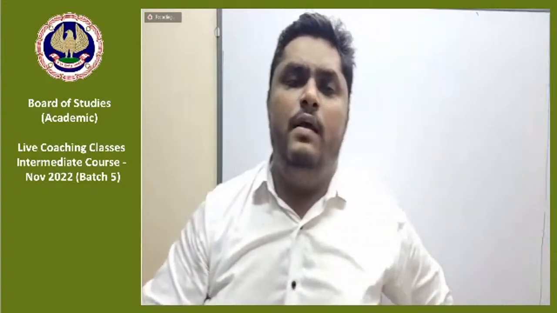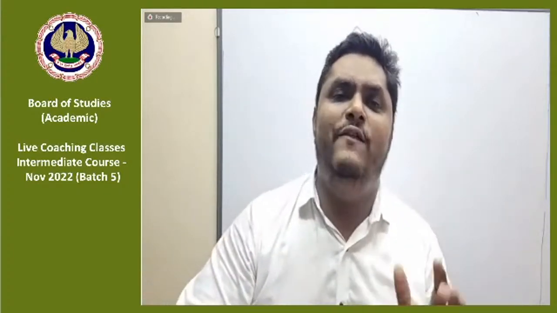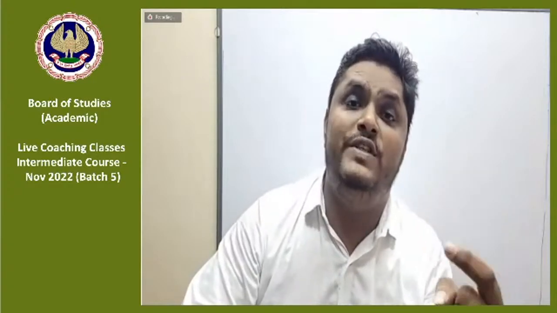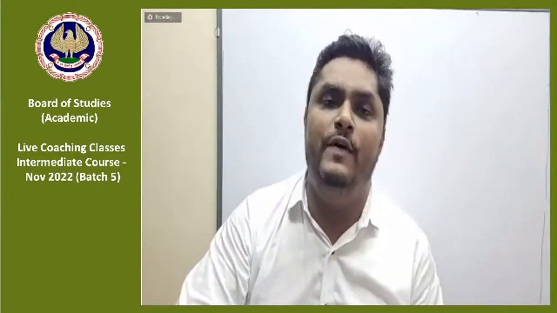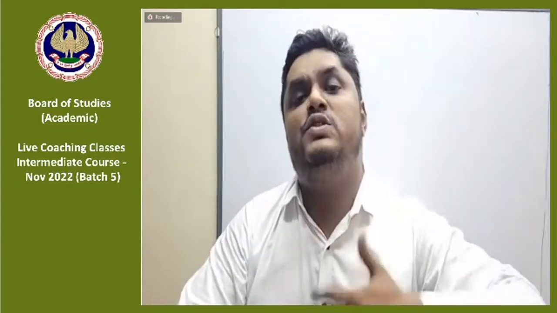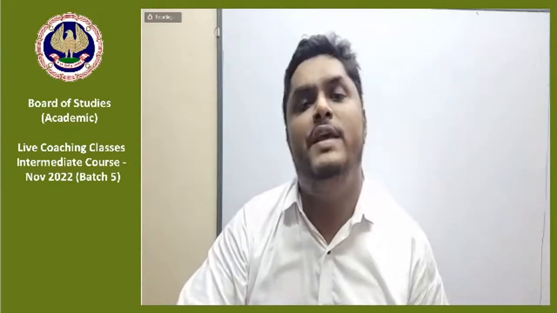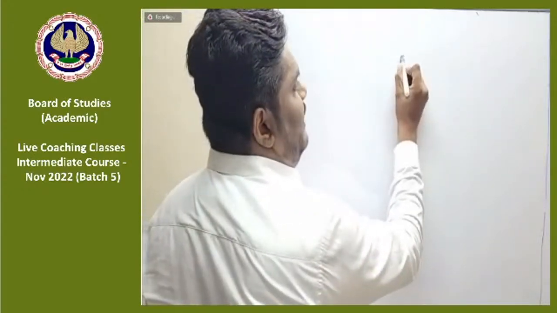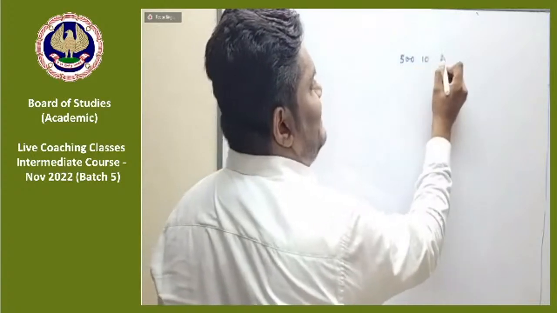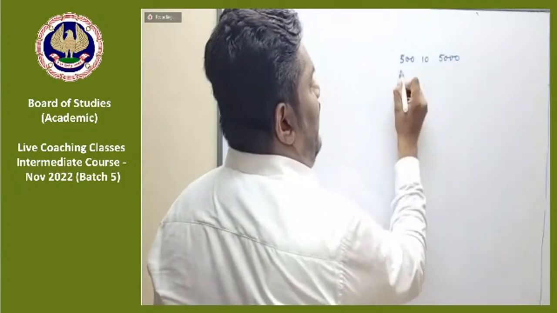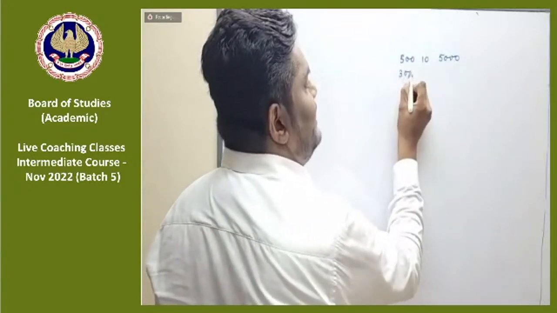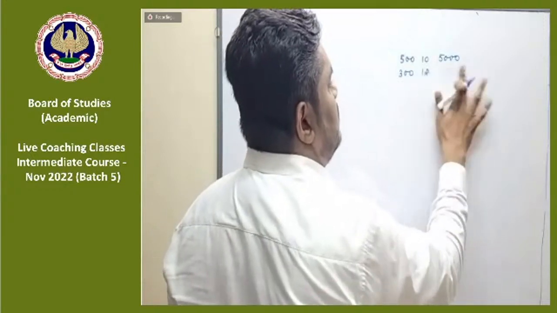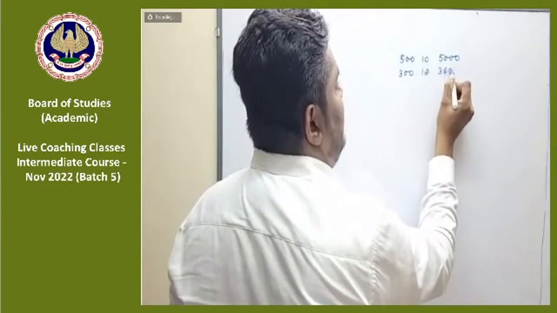Now, guys, when talking about the LIFO method, it's very easy. In the FIFO method, the stock which is purchased first will be issued first. And in the LIFO method, the stock which is purchased last will be issued first. So let's say I have 500 kgs of raw material in balance at the rate 10, that is 5,000. And let's say 300 kgs of raw material at the rate 12, that is 3,600.